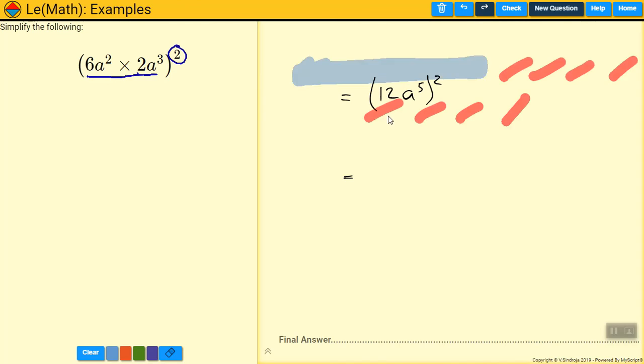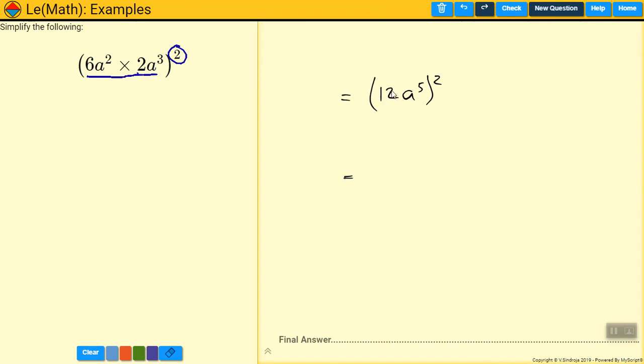Now, this is what happens here. That 12 is going to get squared. Okay, so the 12 is a number, and we're going to square it. 12 squared is 144. But this 5 is a power, and it's going to multiply this power here.